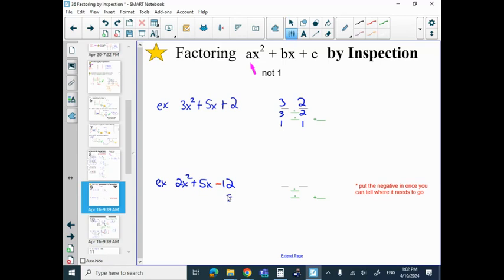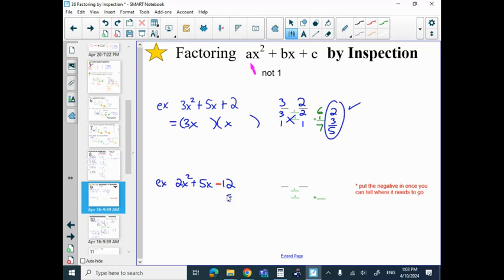I multiply straight across, I'm getting a 6 and a 1, which adds to 7. You're like, okay, well, that didn't work. So instead, I'm going to go crisscross and get a 2 and a 3, and that does add to 5. And so this is the pair that works. So in my process, I'm going to have a number with x, right? So it's going to be a 3x and a 1x. I don't need the 1. Understood.